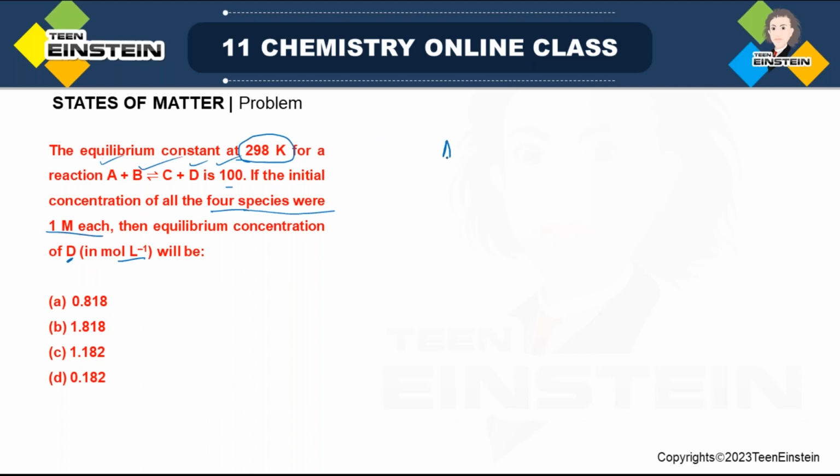So we will write the equation. That is the first thing we have to do. Initially, that is t equal to 0, all are 1. It is not that only the reactant side is 1, all 4 are 1. Once equilibrium is reached, now suppose out of 1, only x amount consumed. And A and B, as it is a balanced reaction, obviously by default you can consider it balanced. Otherwise it will be mentioned clearly in the question.